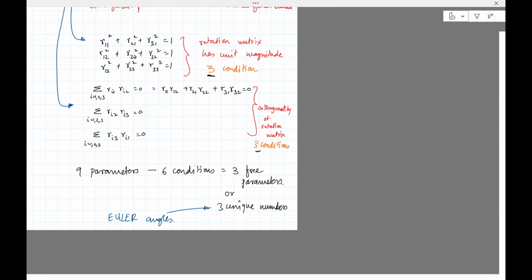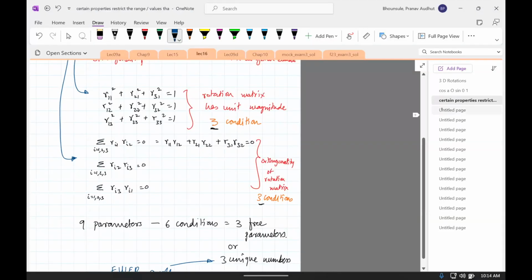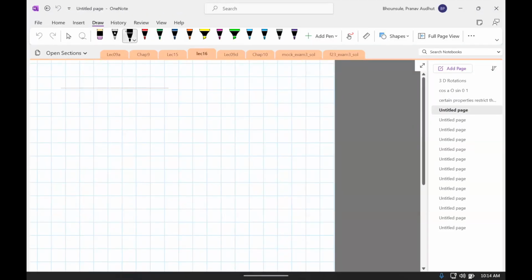So let's see what Euler angles are. It's basically describing rotation matrices with angles, and there are various conventions of describing Euler angles. So there are actually 12 ways of doing that.